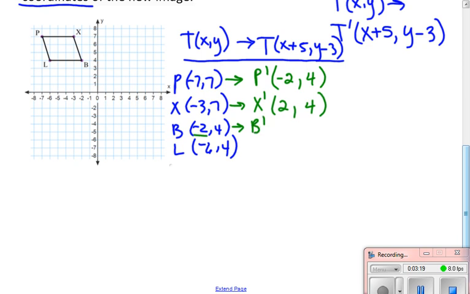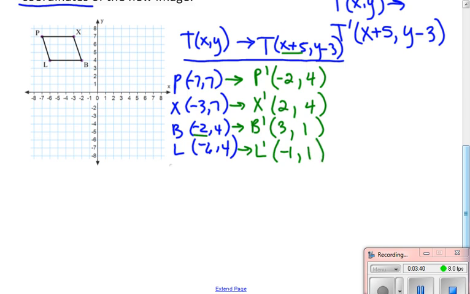B prime: -2 plus 5 is 3, 4 minus 3 is 1. And L prime: -6 plus 5 is -1, 4 minus 3 is also 1.